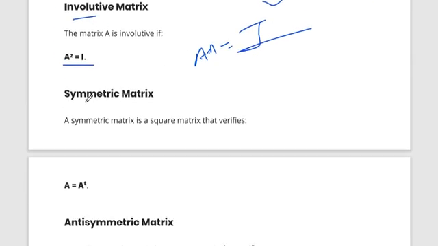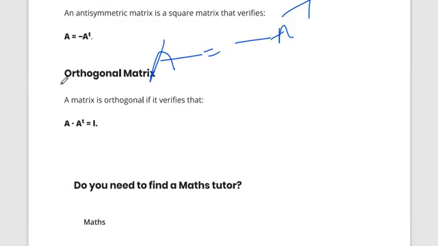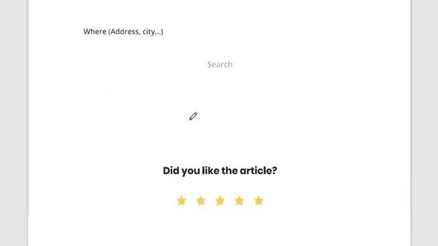Symmetric matrix we already talked about. Anti-symmetric means A is equal to minus A transpose. Orthogonal: if we multiply A and its transpose and get the identity matrix, then this type of matrix is called orthogonal.